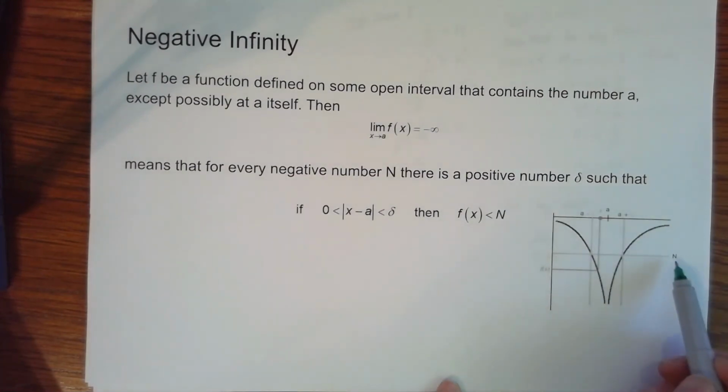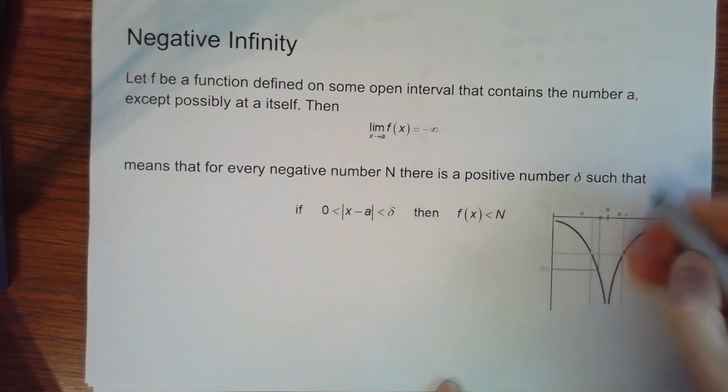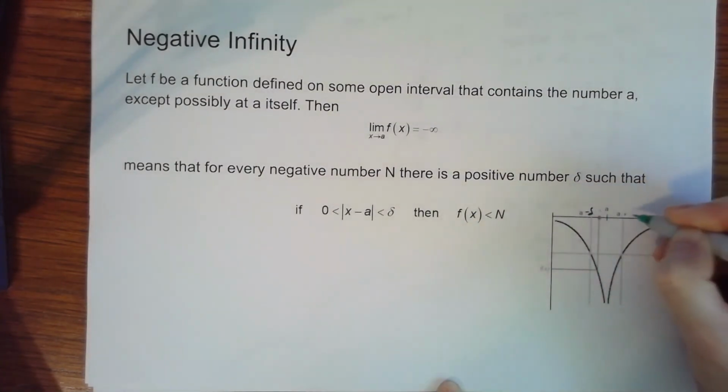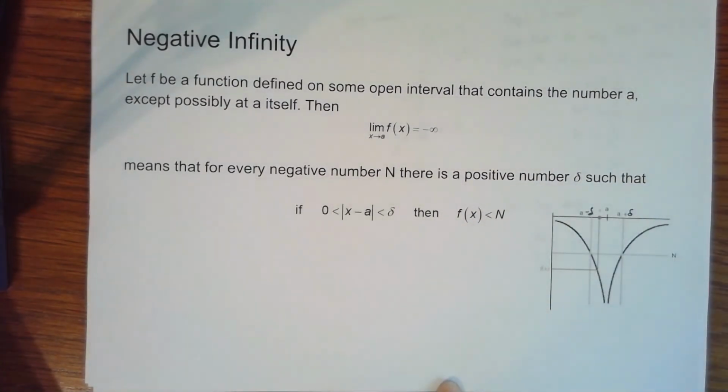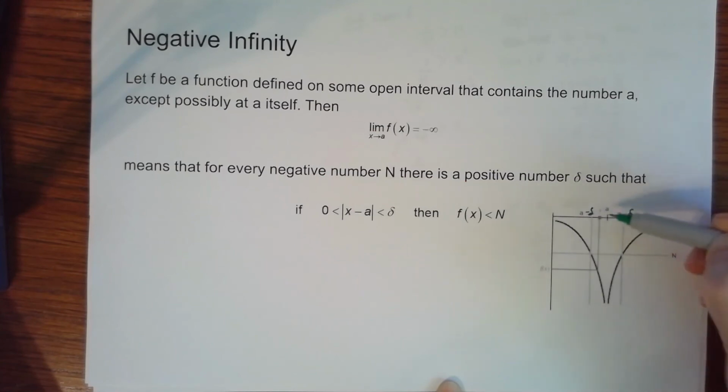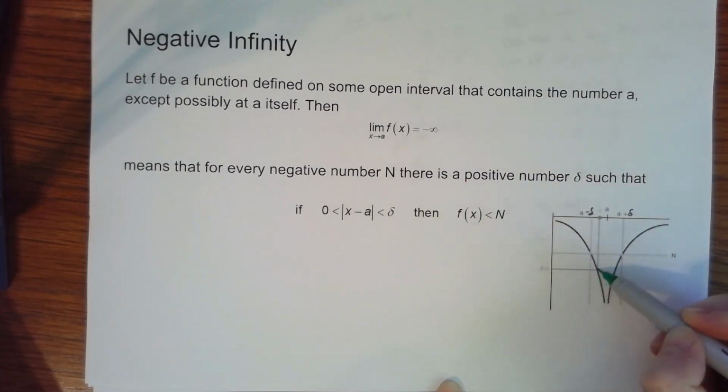So the picture just kind of changes. Here I've got a negative value of n. I'm within delta, it's hard to see, of a, and as long as I'm within that bound, I'm going to get my f of x value that's less than that negative number.